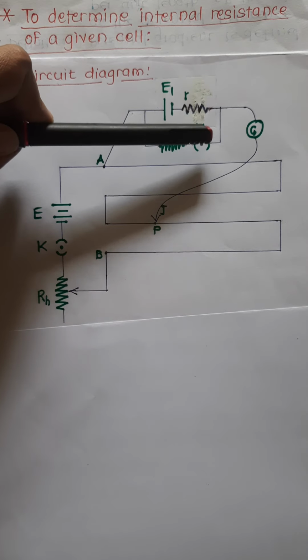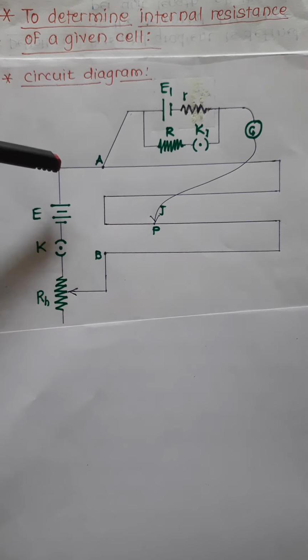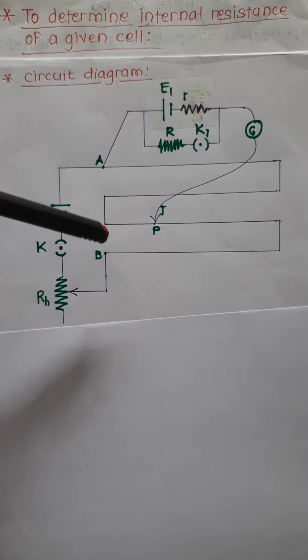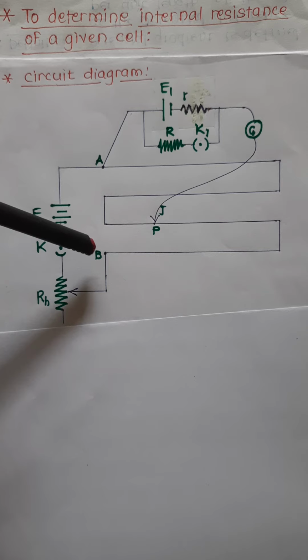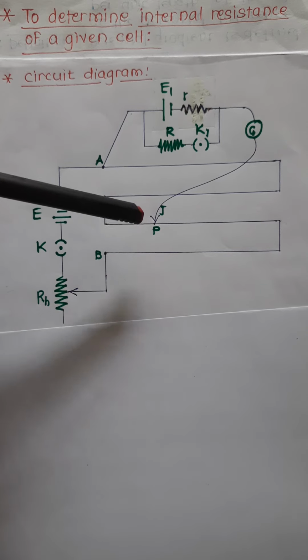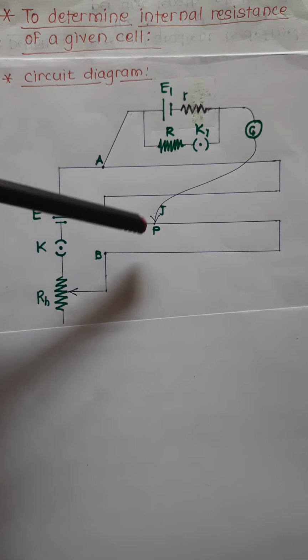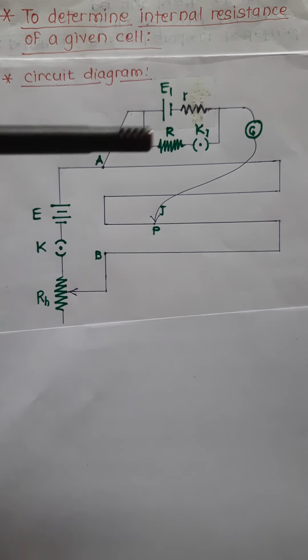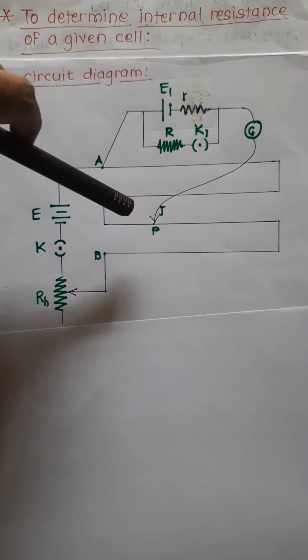This part will not be here. Now current is passed and jockey is touched at different points of wire AB to get null deflection point P. When this null deflection point P is obtained, galvanometer is not showing any deflection. It is showing zero deflection.